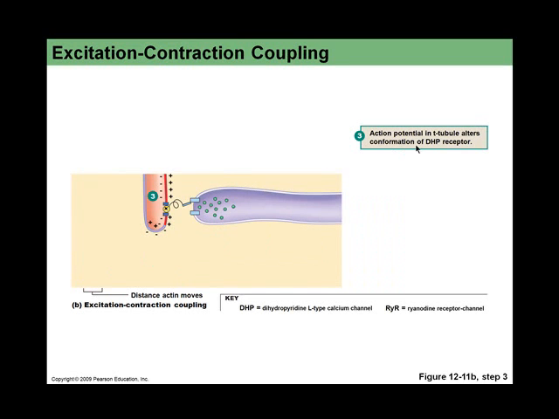So the action potential in the T-tubule alters the conformation of the DHP receptor. This is a dihydropyridine L-type calcium channel. And then there's also a ryanodine receptor channel that we'll see here as well. Some of the labels are staying stationary and don't make any sense until we get to that point. So what we see is that the action potential acts on voltage-activated proteins that undergo a conformational change.